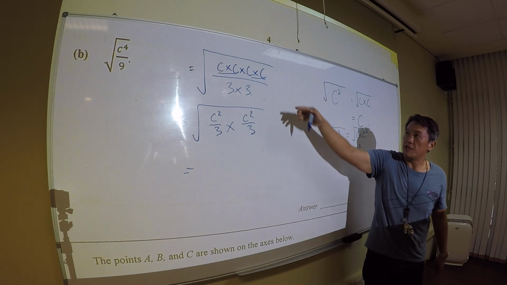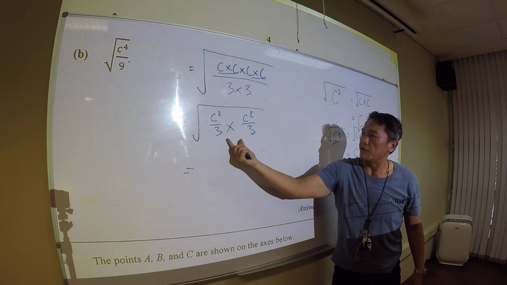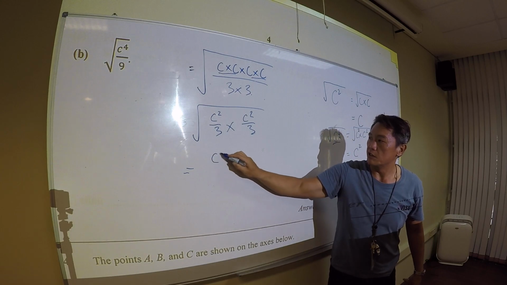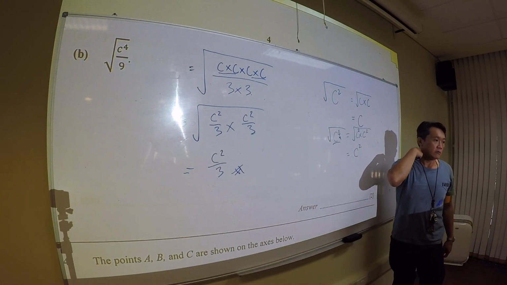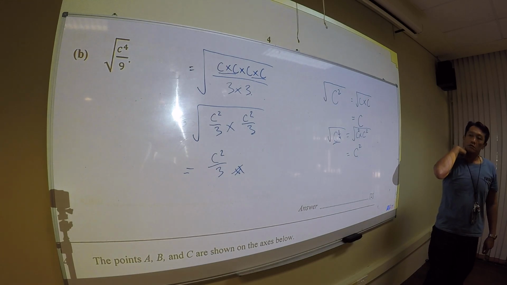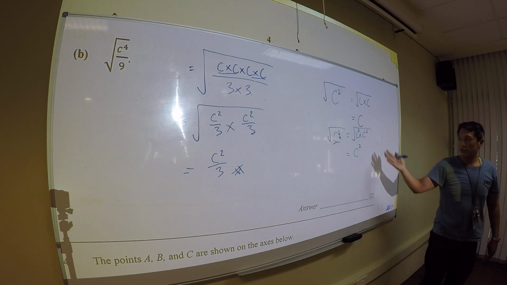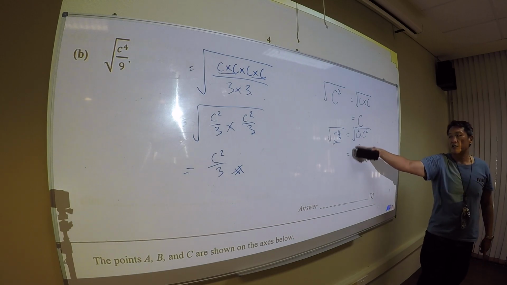Because it's all multiplication, I can split them up. So if this times this gives me this, taking the square root is just finding this one. Going back to the basic idea of square root, what times what gives me this? That is the square root.